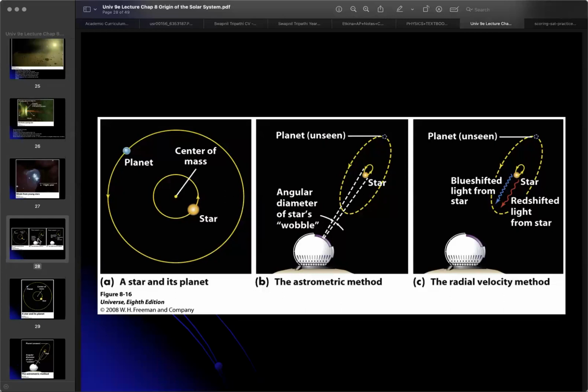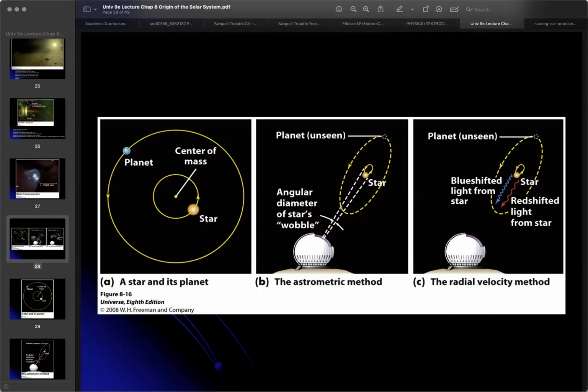Even though this wobble is very small, with very precise instruments, we can see the wobble. If with a very precise telescope we can see the star wobble side to side, and we are able to measure that, then we know that there is a planet orbiting that star, and we can learn about the properties of that planet. Those planets are called exoplanets.